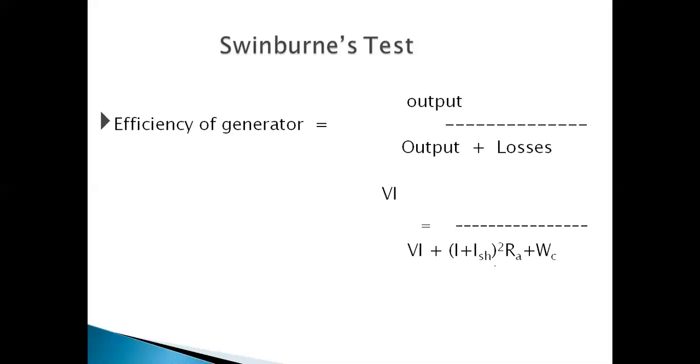Then efficiency of the generator is equal to output divided by output plus losses. We know only the output parameters in the generator, and output added with the total losses gives the efficiency of the generator.